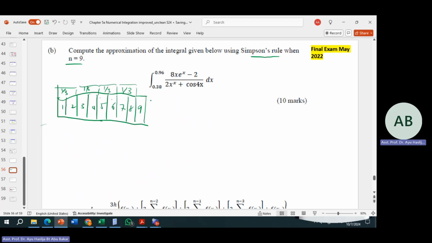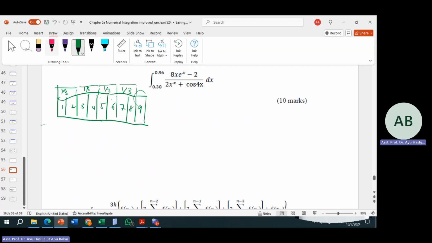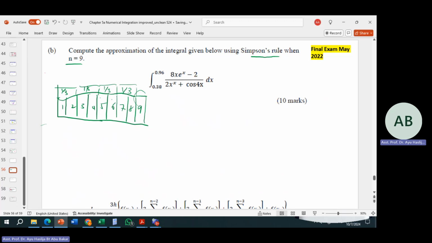But this one you cannot use 1/3. So 1/3 is not valid to be used for this question. 3/8 needs a minimum of 4 points, which is 3 segments.